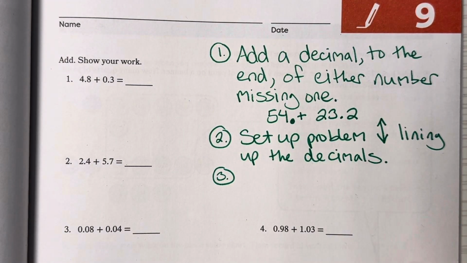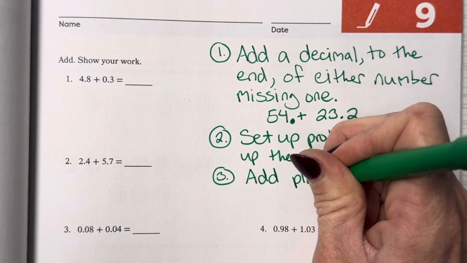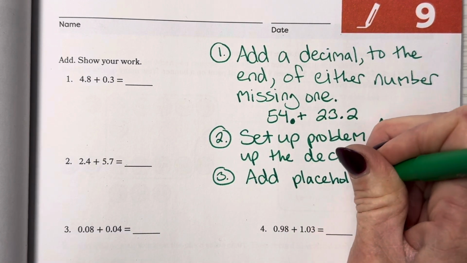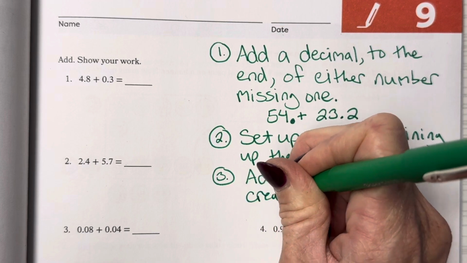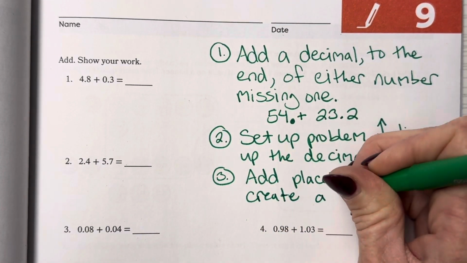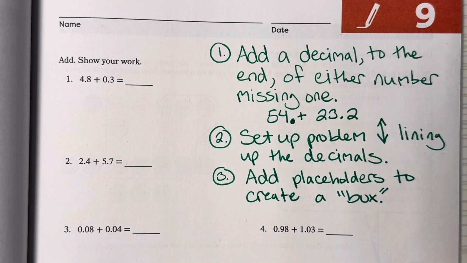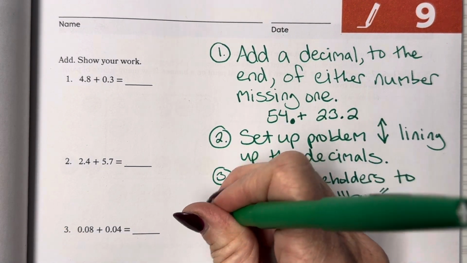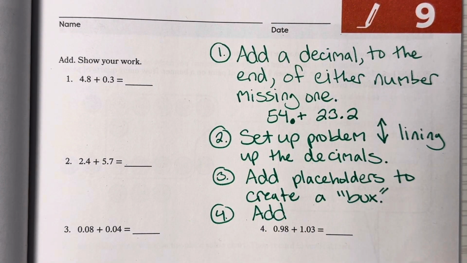Our next step is we're going to add placeholders to create kind of like a box. I'm putting it in quotations because it's kind of like a box. And then our final step is we're just going to add.